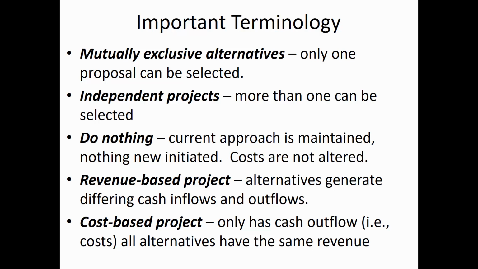Some other examples of revenue-based projects that are government-operated would maybe be water distribution, wastewater collection and treatment, whereas cost-based projects only have outflows and no inflows because all of the alternatives in a cost-based project have the same revenue, which is either none or maybe just the baseline taxes that people are paying.